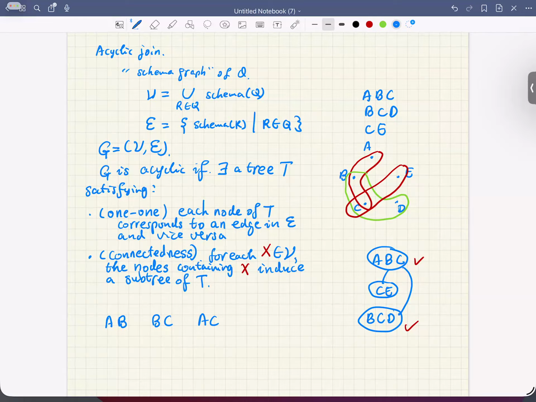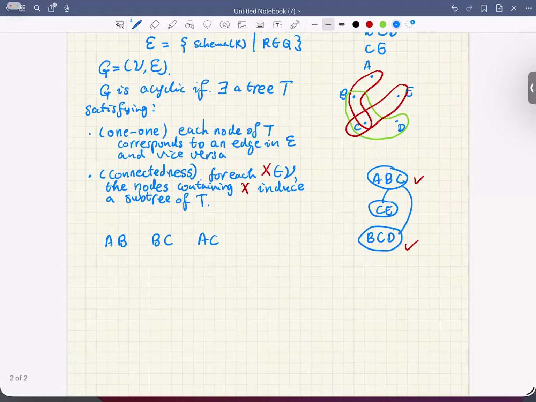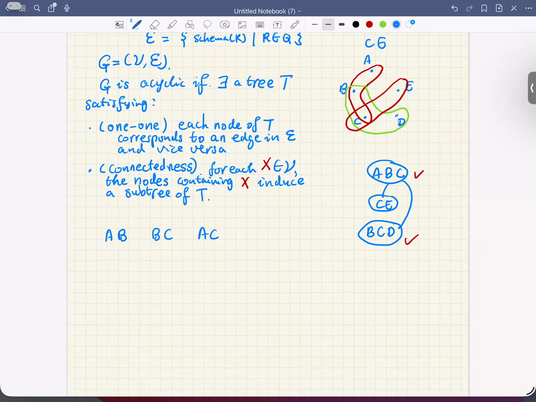Let me tell you why these two kinds of joins are so important. Two weeks later, we will see that every acyclic join can be solved in polynomial time. In fact, we can even solve it with wonderful time complexity.